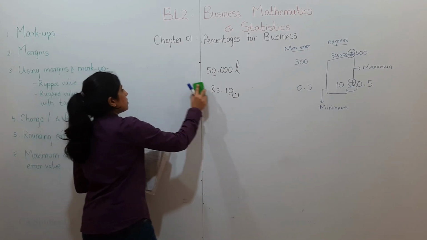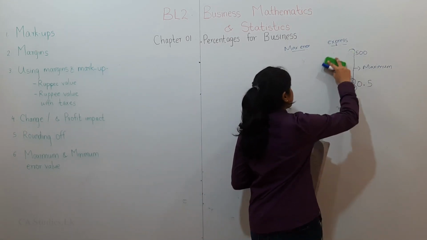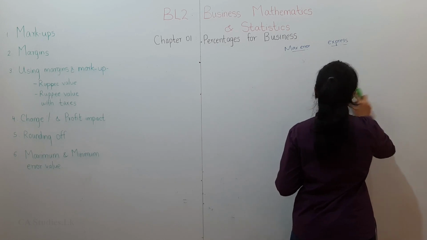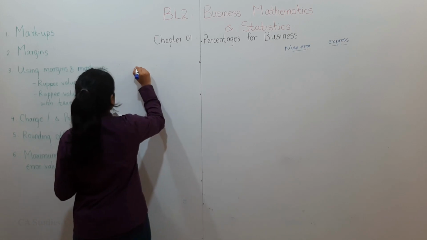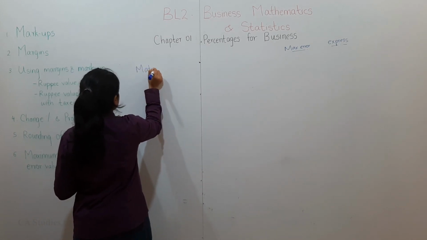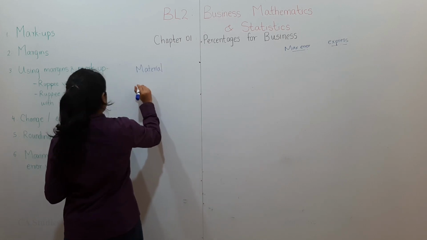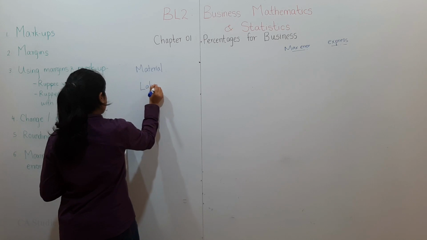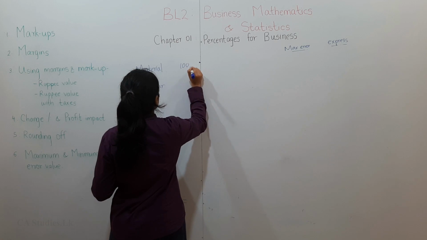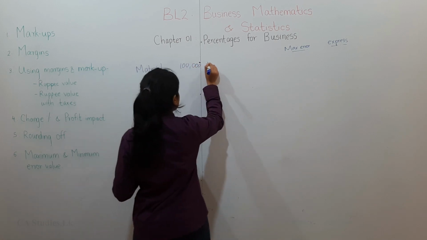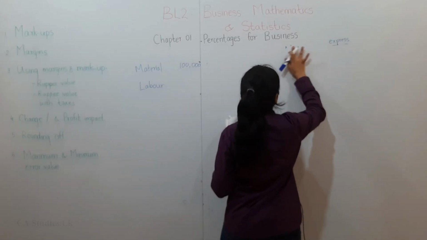So let's put costs here, change these. Okay, cost, material cost and labor. Okay, 100,000 plus or minus, they directly gave it here. So let me take this off.